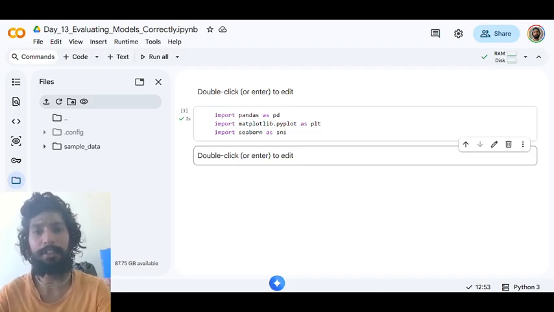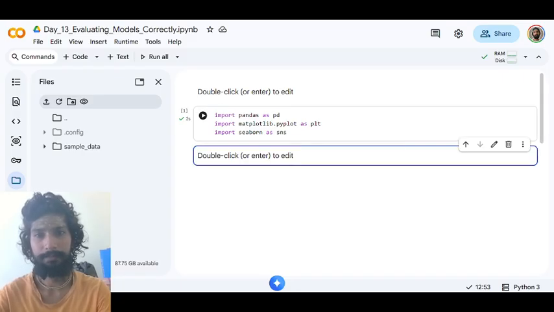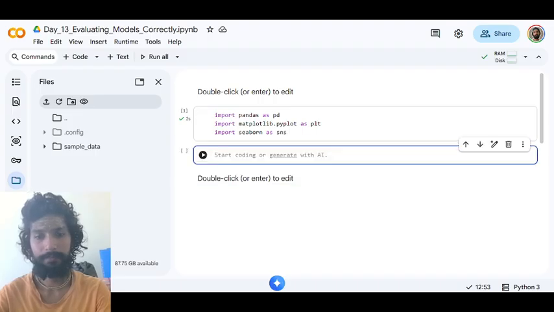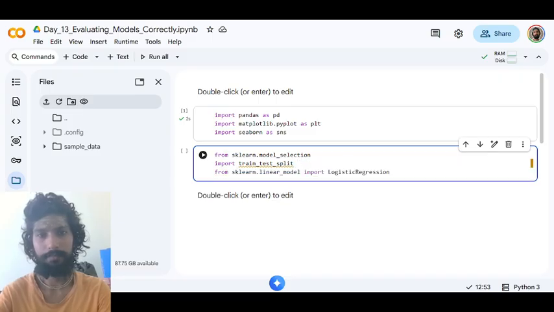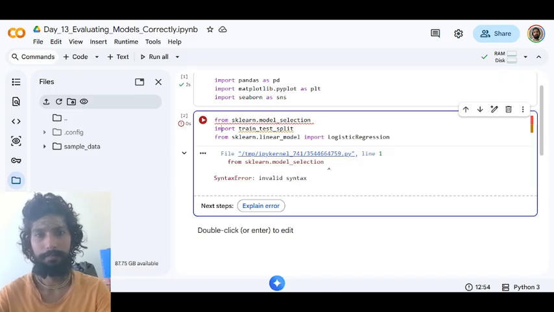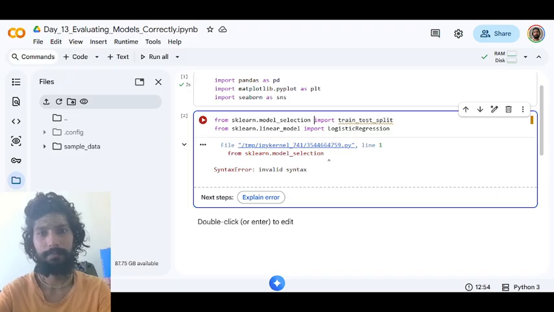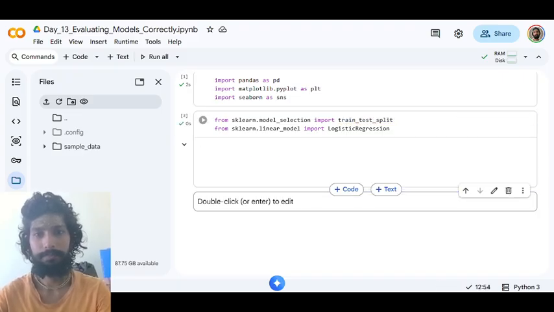Now import the machine learning tools. Train test split will divide our data into training and testing sections. Logistic regression will create the classification model.